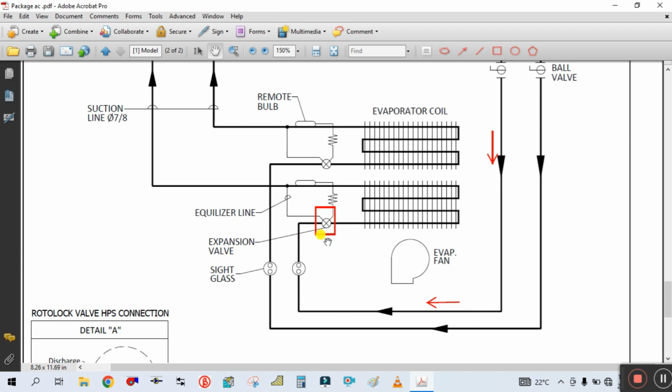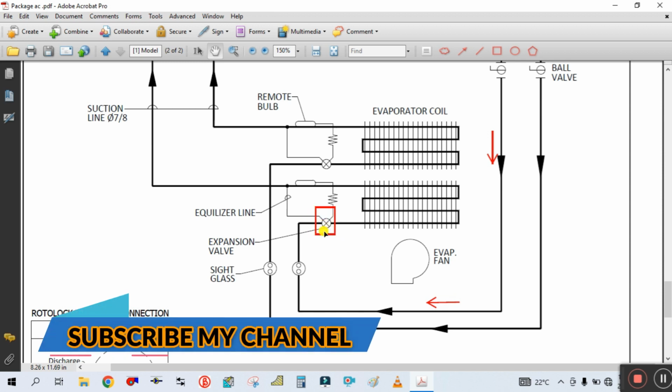Because of expansion, it will release its temperature.